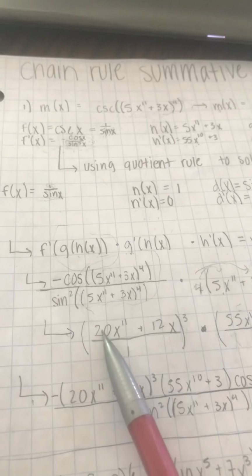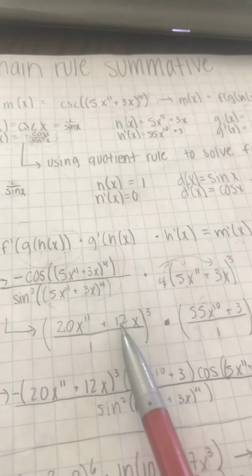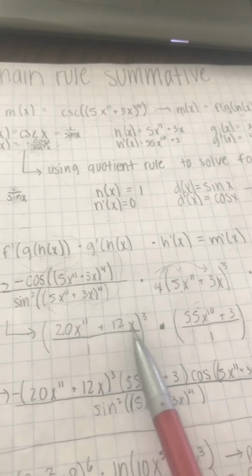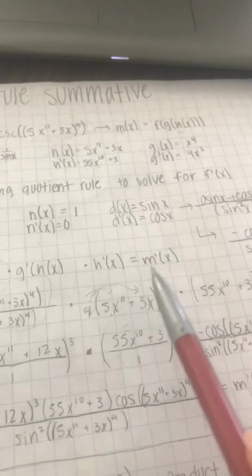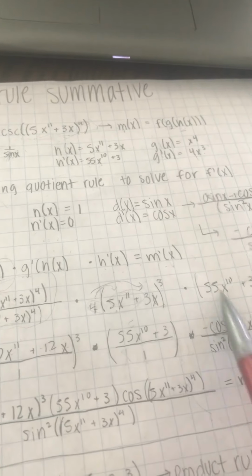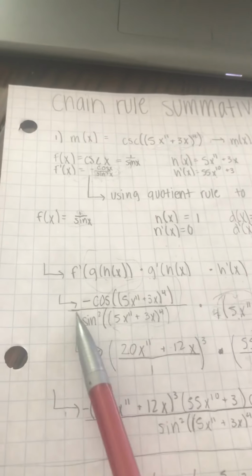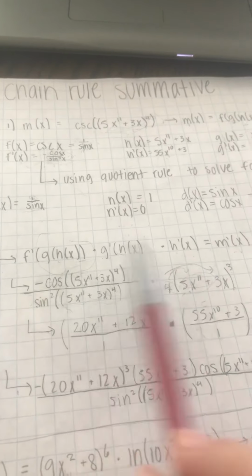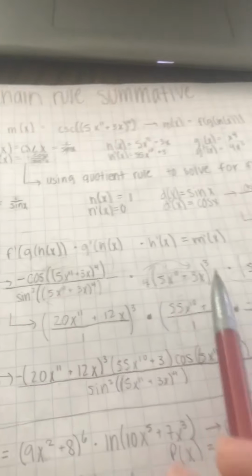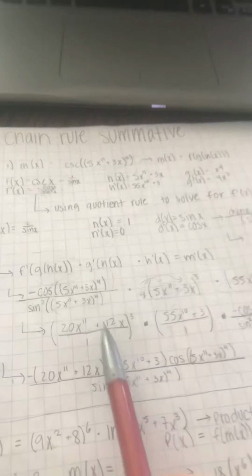And you'll see later that makes it 20x to the 11th and 12x to the 3rd. And then I'm going to put these terms over 1 because I have a fraction here, and I want to put them on the numerator because I want to make them all one term because I can. So that's what I did.